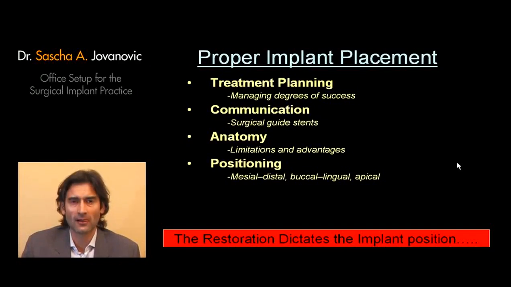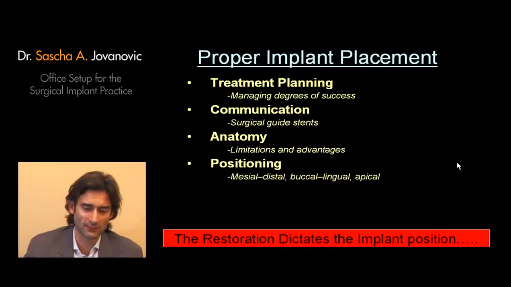So for me, any case where you're doing surgical procedures and placing implants benefits from the development of a surgical guide and then the placement of this during the procedure and using it for implant placement. This allows you to position an implant really optimally, and as you can see, you can choose the optimal mesiodistal, the optimal buccolingual, and the optimal apical position.